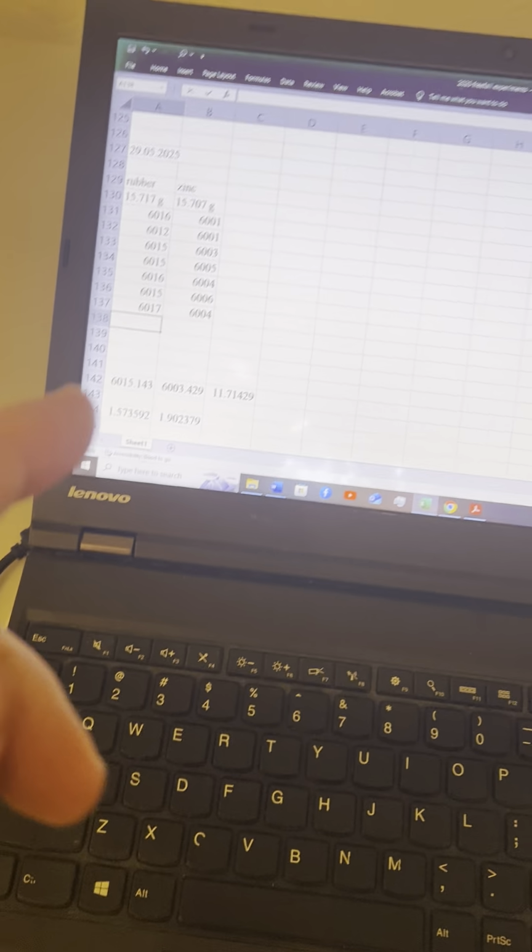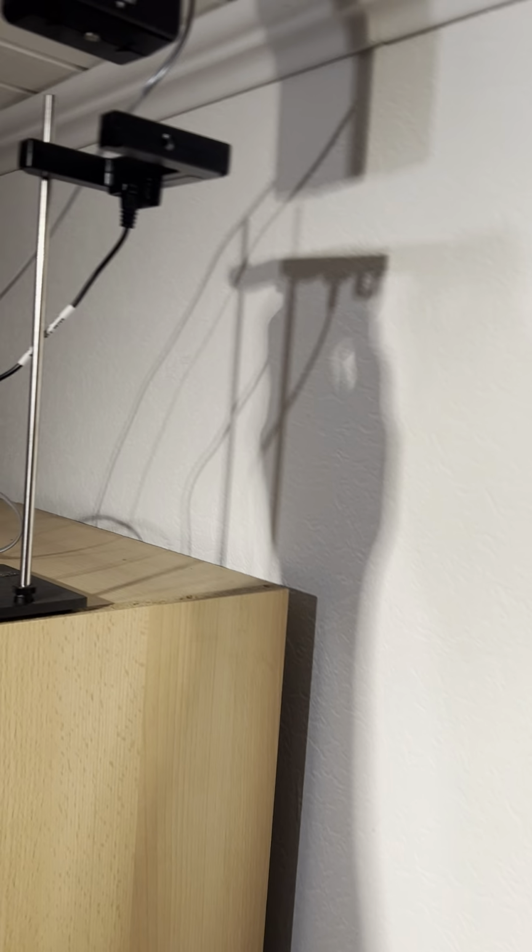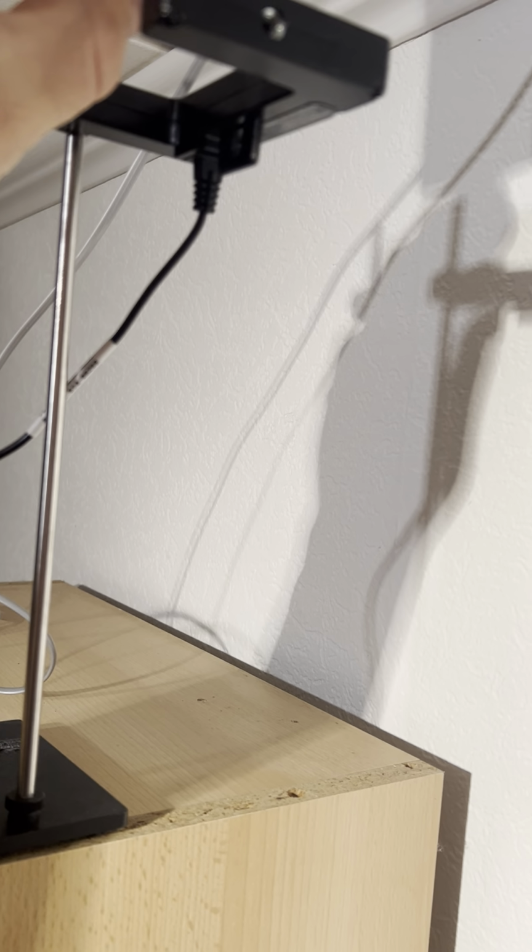But yeah, you pretty much get the picture. The difference is more because of the elasticity involved here. 614.